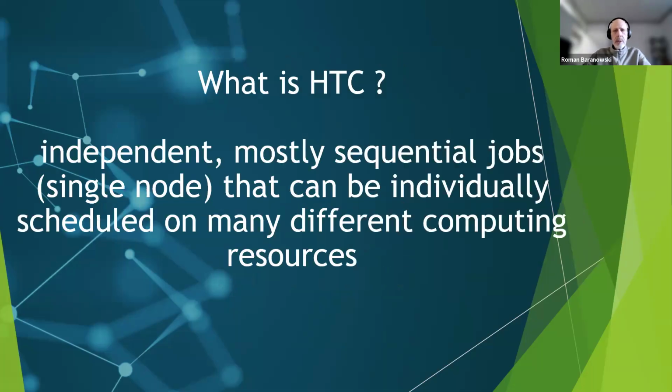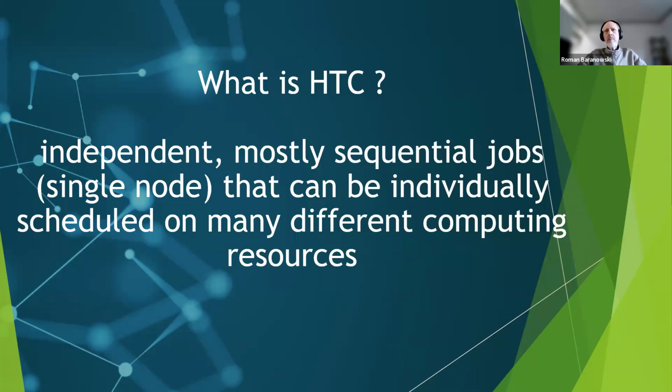On the other hand, HTC, which has recently become quite popular within the HPC environment, is called high throughput computing. High throughput computing is when I have a lot of computation which I could do on my laptop, but the amount of computation and the time needed would grow in a linear fashion.